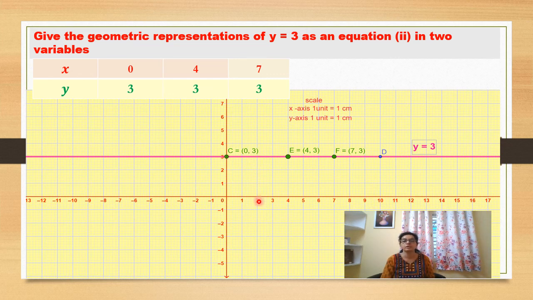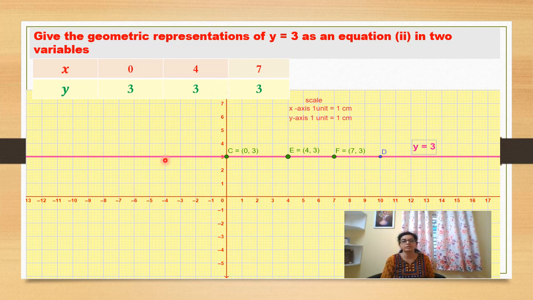Why is it so? Now this y is equal to 3 is passing through the point 3, as in the number line it was passing through point 3. Now just imagine that this yellow axis, which is the y-axis, was horizontal as it was in the previous one and it passed through 3. Now here it is vertical and the pink line is passing through 3.